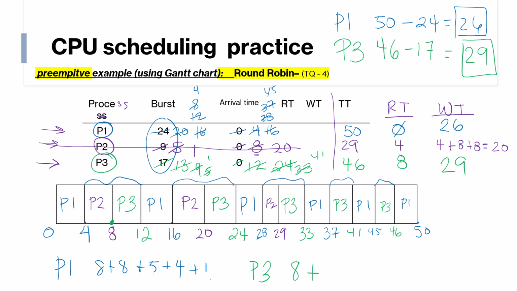And then P3 had to wait from 12 to 20, so 8 more time units. Then waited from 24 to 29, which is 5. Then waited from 33 to 37, which is 4. Then waited from 41 to 45, which is 4. So if you add that up, 16, 20, 25, 29, then you get the 29, and that is accurate.